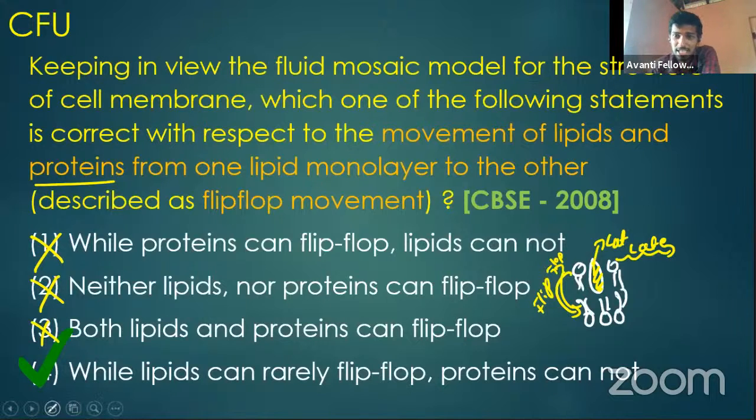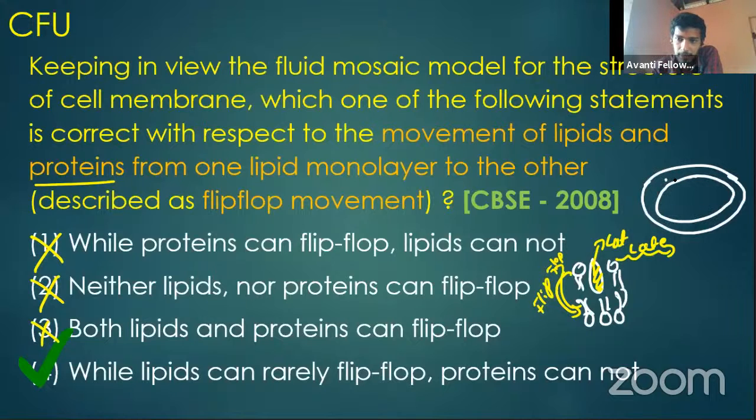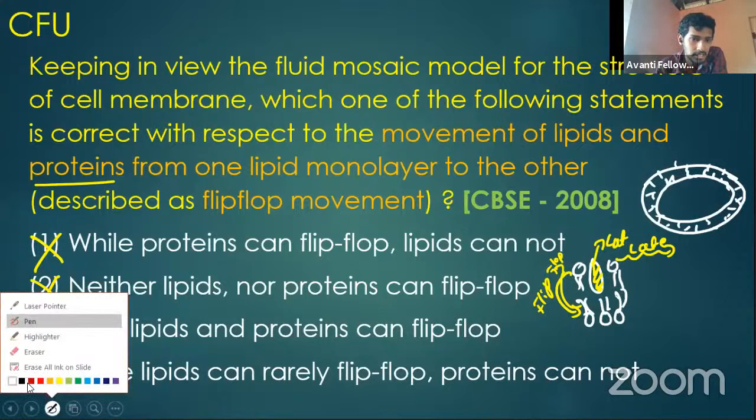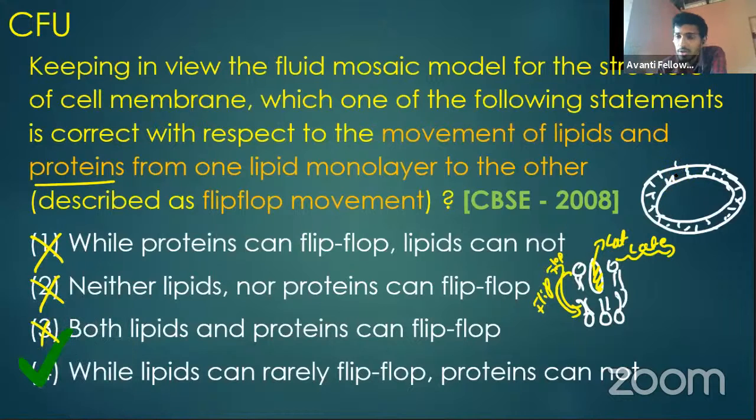Good question, Shivan. So what happens whenever a plasma membrane is like this? Think that this is one lipid monolayer and this is another monolayer. Then where are these phospholipids secreted? Are these phospholipids and proteins secreted in the plasma membrane only? No, they are normally secreted in the endoplasmic reticulum.